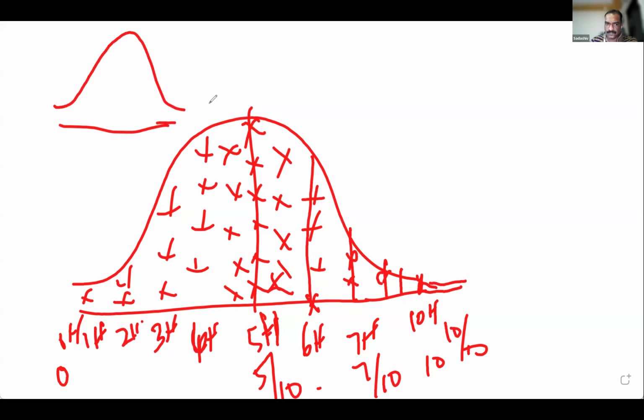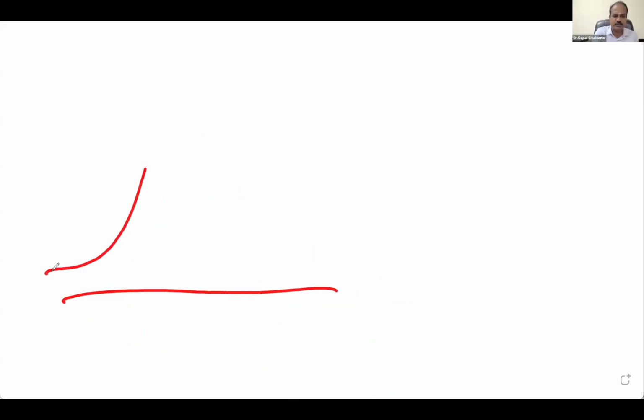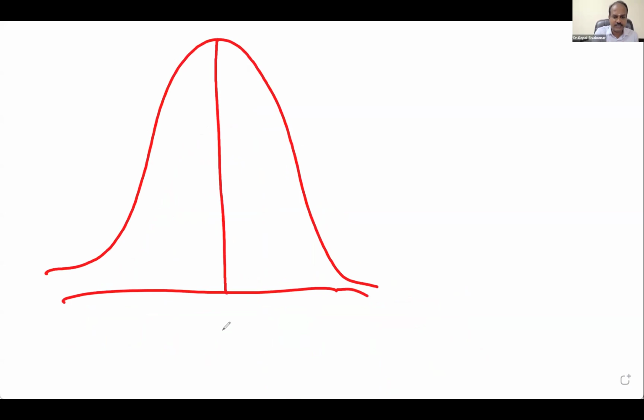The inverted bell is nothing but normal distribution, isn't it? Should I erase this? Okay. See here, I'm just drawing a bell curve. And at the center, this will be average, isn't it?